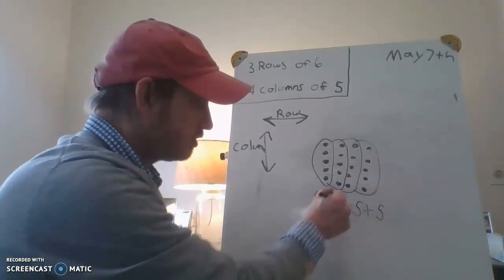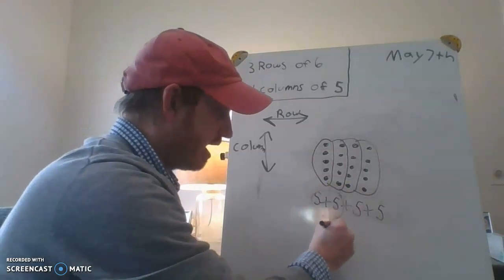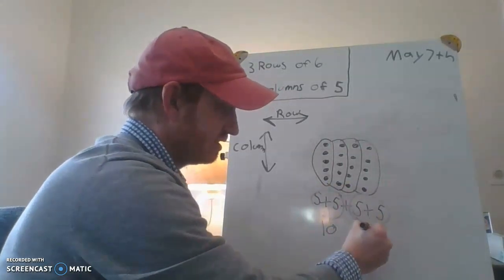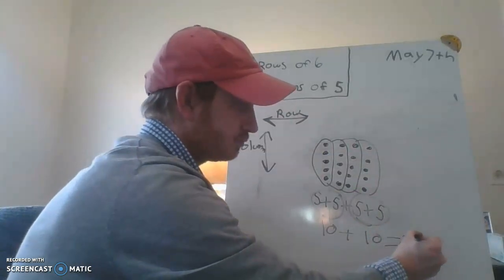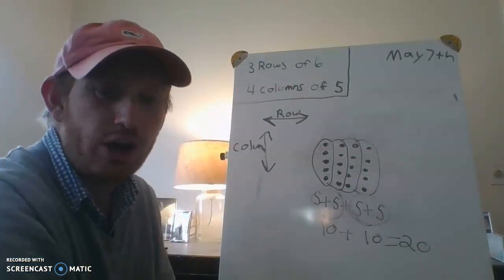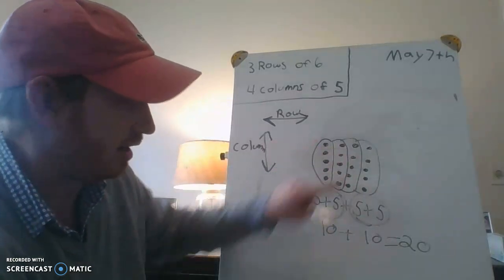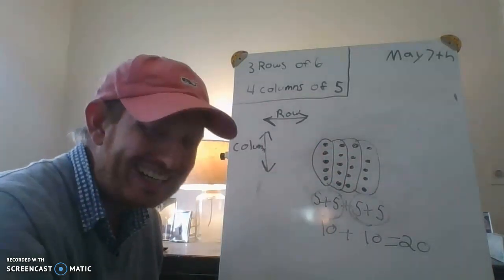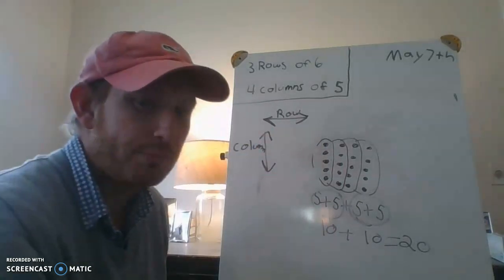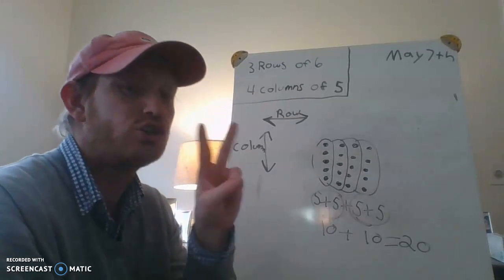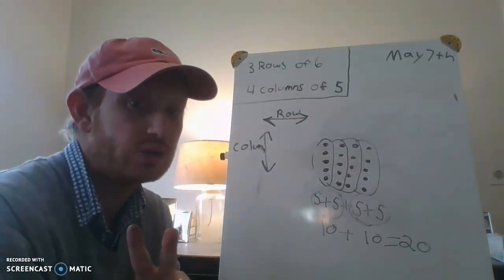And then using our doubles, 5 plus 5 is 10, 5 plus 5 is 10, and 10 plus 10 is 20. So we know that there are 20 dots in this array, and we did it using repeated addition with our columns.